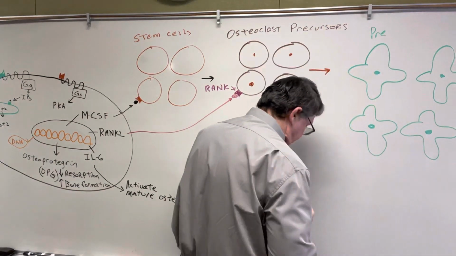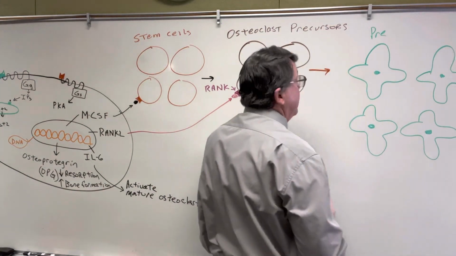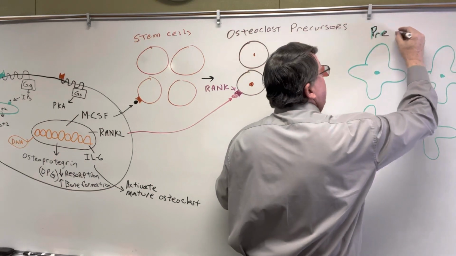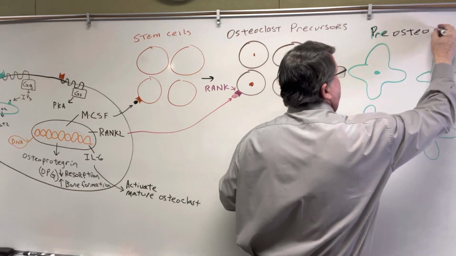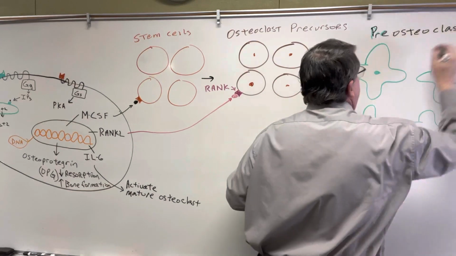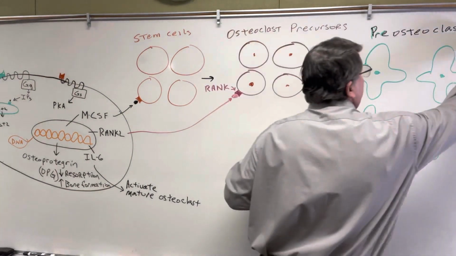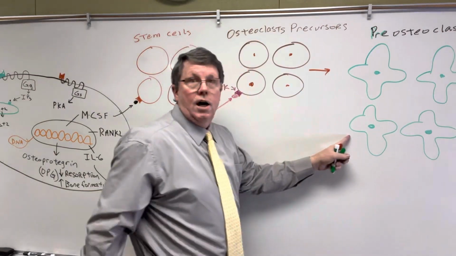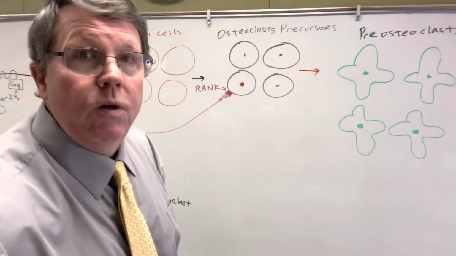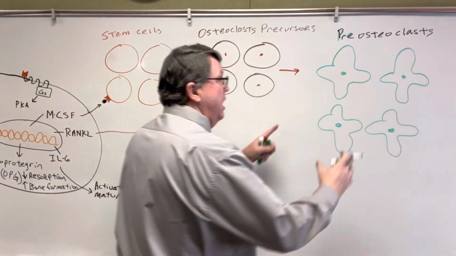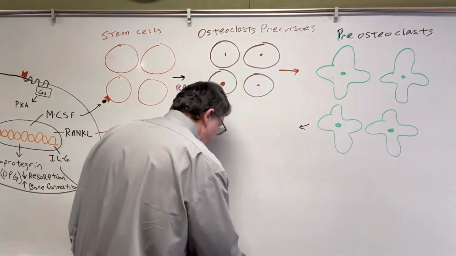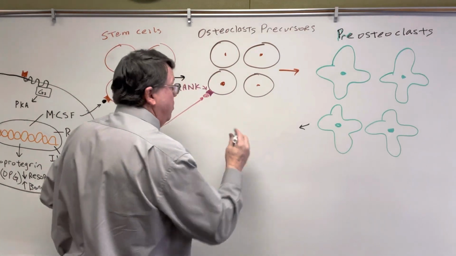Let me write this in black so it's easy to read. Okay? So they become pre-osteoclast. Now, my RANKL is still going to work on these here. And what it's going to cause these to do is fuse together and become an osteoclast.